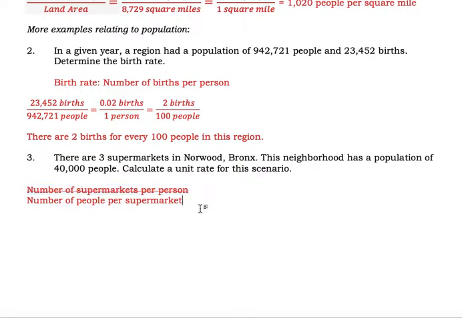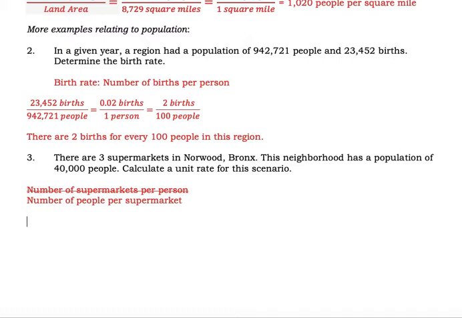If I told you there's 5 supermarkets for every person in this neighborhood, how is that useful information when I'm thinking about the resources being provided to the people in this neighborhood? But if I tell you that there's 100 people per supermarket, that's much more useful to me if I'm trying to analyze this neighborhood and the resources provided in it.